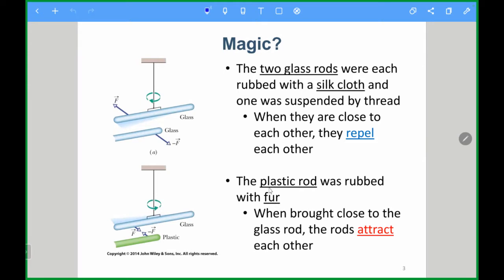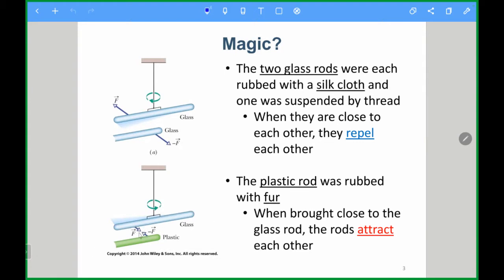For the second setup, we have replaced this glass rod with a plastic rod. The plastic rod was rubbed with fur, so rather than rubbing it with a steel cloth, we rub it with fur. Then we place it close to the hanging glass rod.